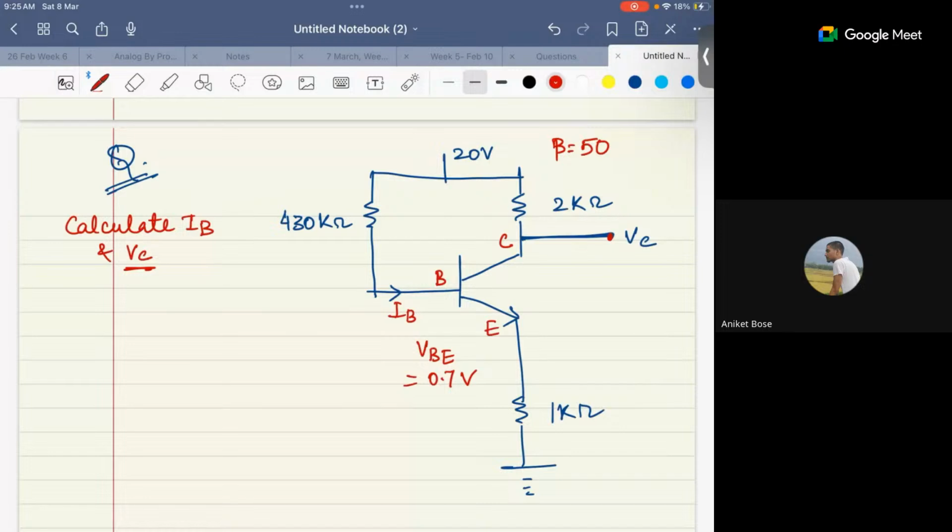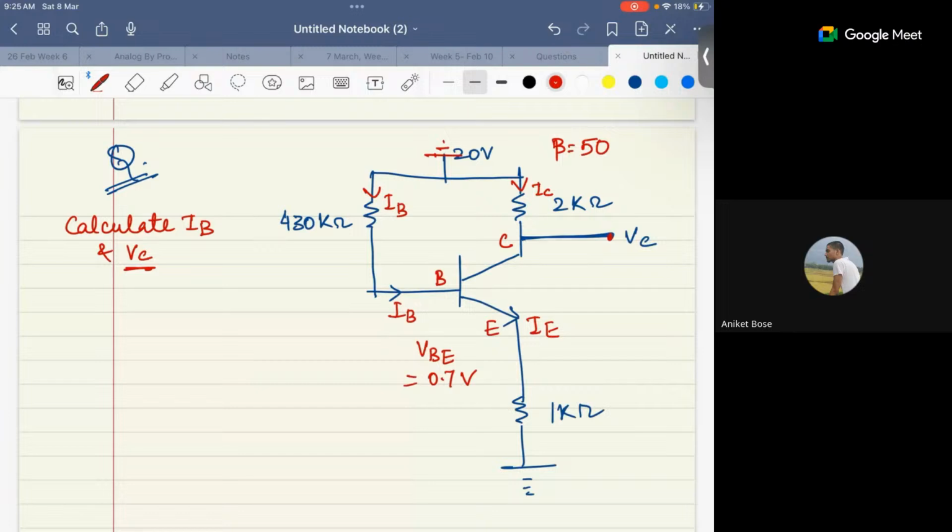So let's say this is IC current, this is IB current, and this is IE current. Now, for example, this is some voltage.